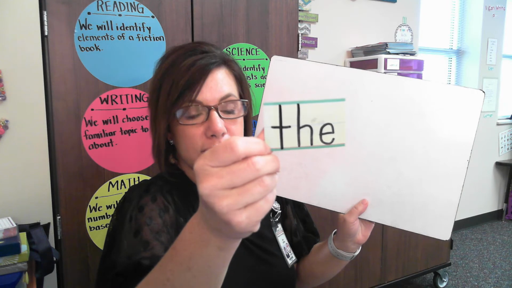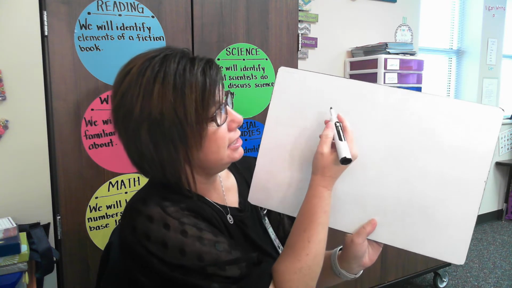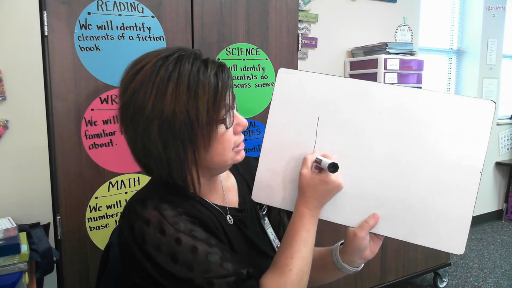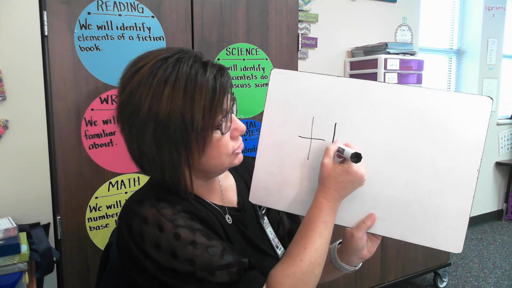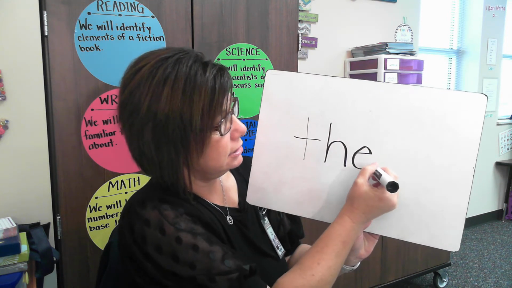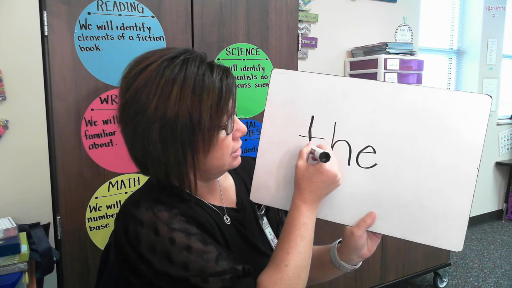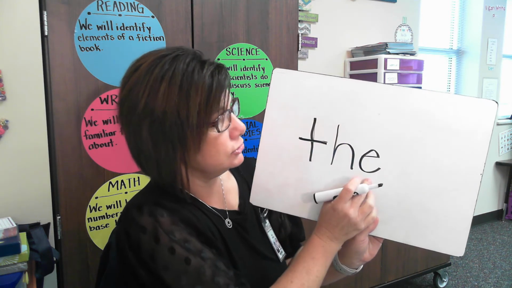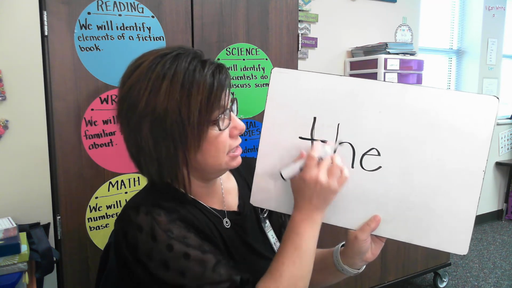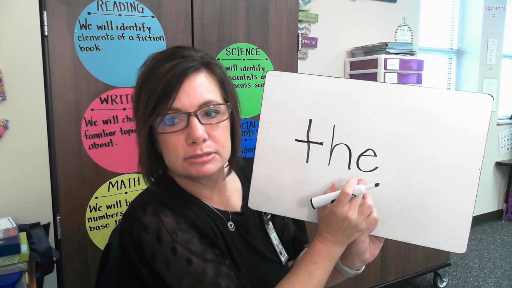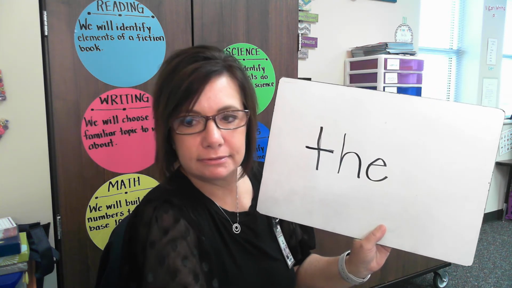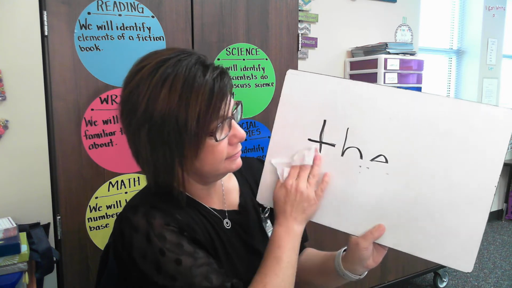Now, let's write it. The is spelled T-H-E. And notice which letters are tall letters and which letters are small letters. The T and the H are both tall, the E is small. Very good.